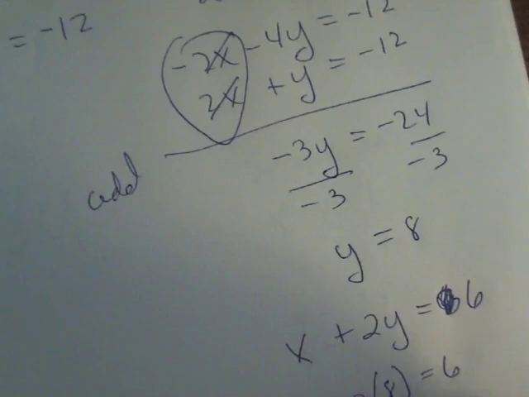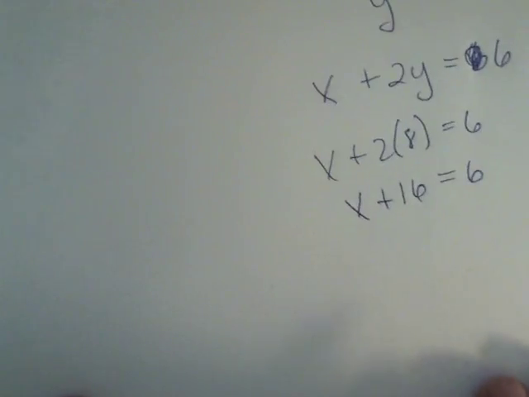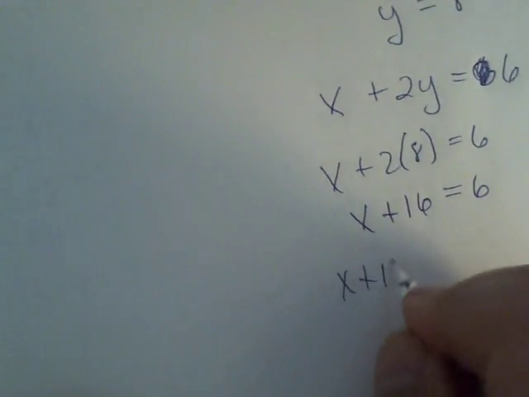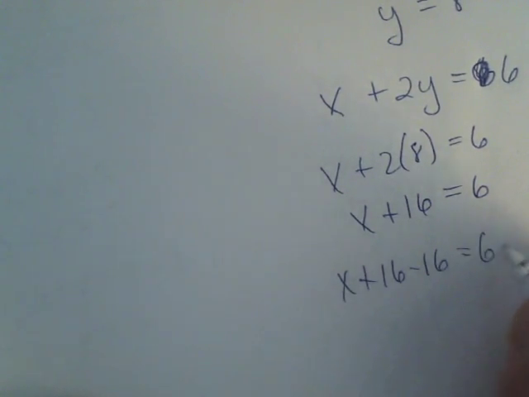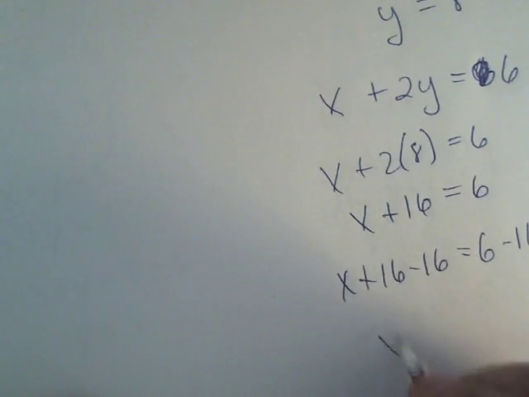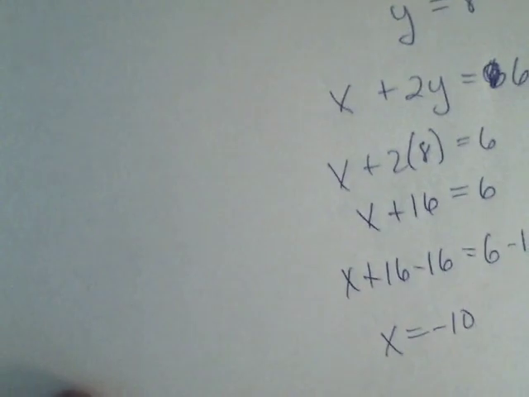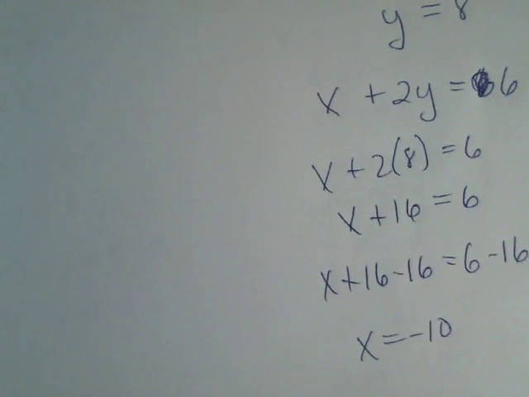So I get x plus 16 is 6. Subtract 16 from both sides. Be careful with your signs. And I get x is negative 10.